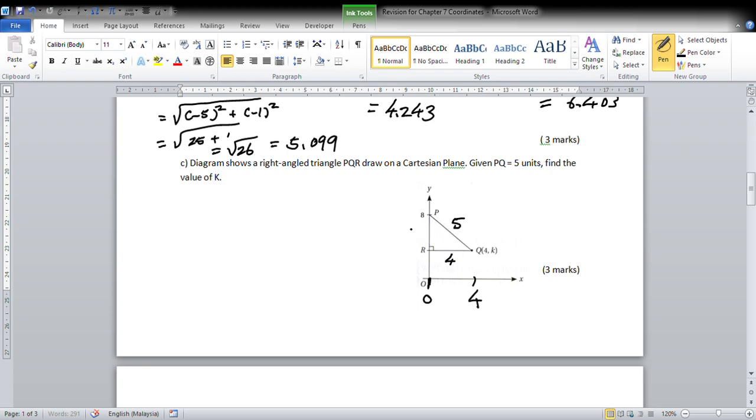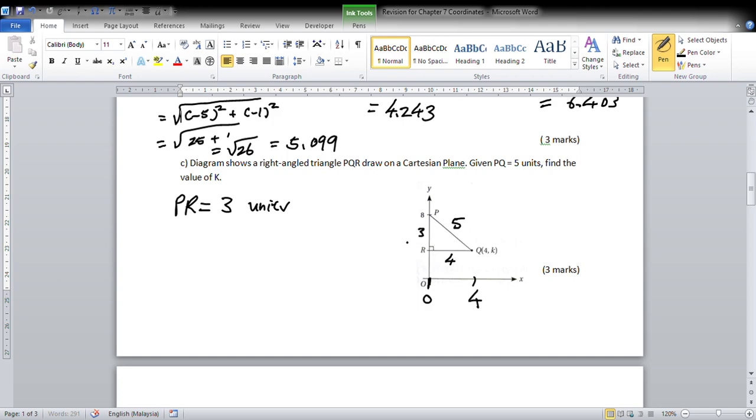So what is the distance between P and R? I can straight away write 3 units. PR is 3 units. Why? Because of Pythagoras 3, 4, 5. So the distance here is 3 units, because here it is showing a right angle triangle.